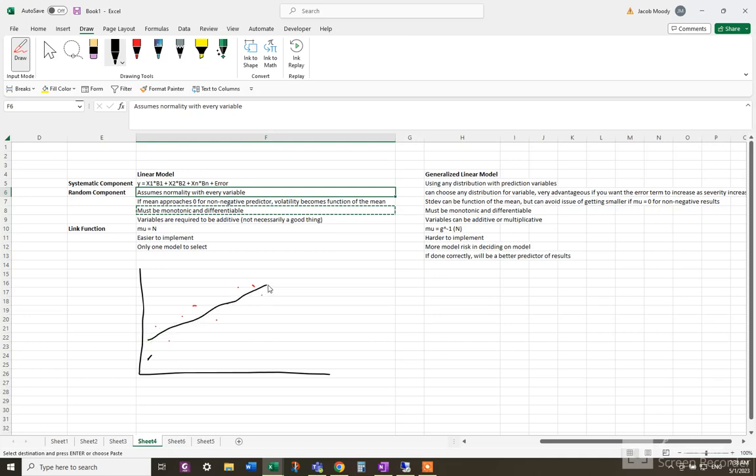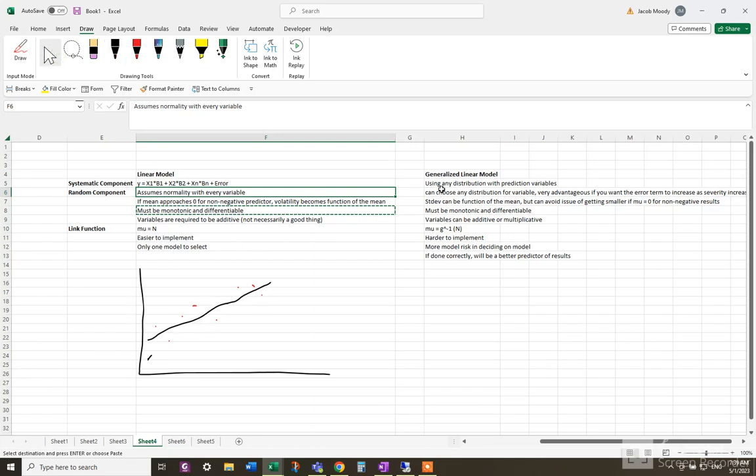Imagine this as a straight line right there, but it's just going to try to predict it with the least amount of variance. And that can be a really good thing. It just takes its partial derivatives of each of these variables, each of these predictors, and then it tries to minimize the error term, which is trying to minimize the standard deviation. And so that's what this is.